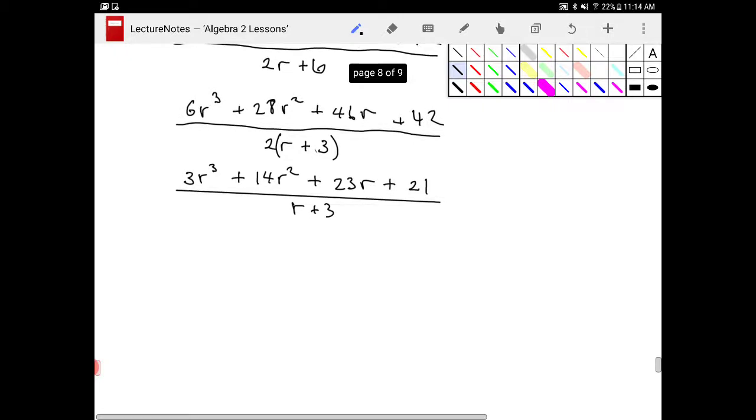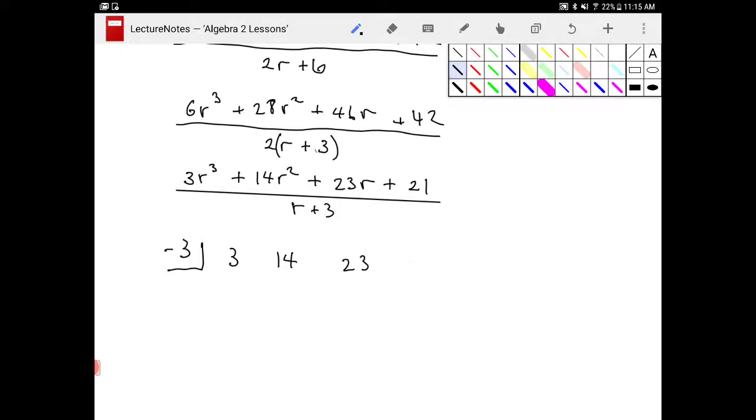What I would do is notice now the divisor there is r plus 3, so what goes on the outside will be -3. And then I list out all the coefficients. So I have 3, 14, 23, and 21. I do not need to place in any placeholders because there is a coefficient for every single term.